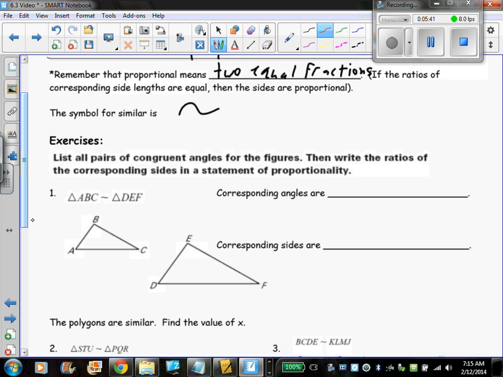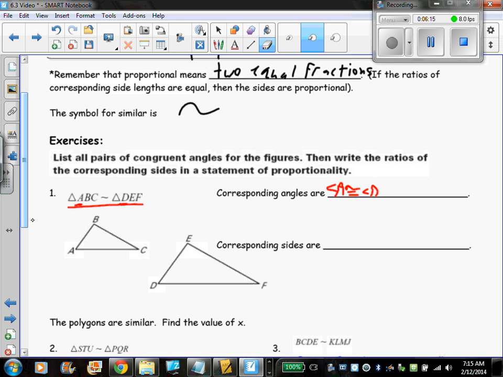Here, we have a similarity statement, which is kind of like our congruency statements that we used to have. And remember how in congruency statements everything lined up? Well, it still lines up in similarity statements. So corresponding angles, we know that angle A corresponds to, which in this case means it's congruent to, angle D. And the way we know that is because here's A, here's D. They're in the same position in our similarity statement.